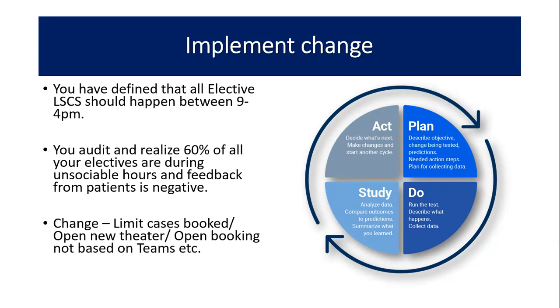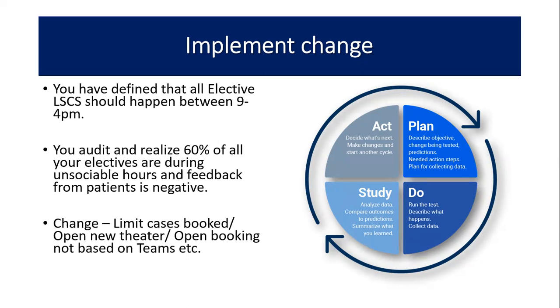So you start a quality improvement project and you try and institute things. Maybe you limit the number of cases booked because you're booking too many. Open a new theater just for electives. Maybe if you're working as teams, as some centers do, you make it an open system where there's a booking system, and therefore if team A has 2 and team B has 6, then we make it an open booking where on Monday some of team B's cases can go into team A, so it's 4 per day, so that you don't end up canceling team B's cases and having free theater sessions on team A's day.